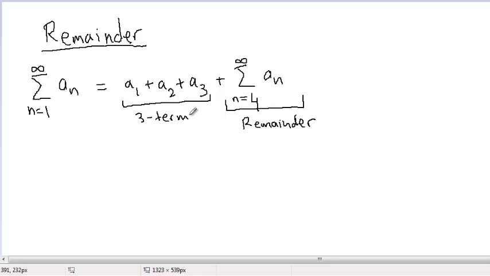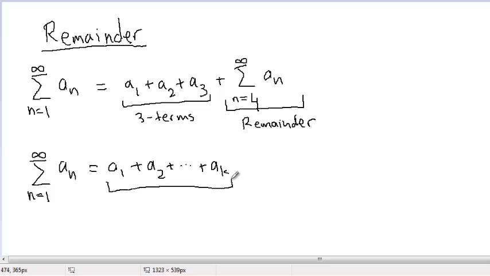And if I do this for an arbitrary number of terms, not just 3, let's say k terms, this is how it looks. Summation from 1 to infinity, a sub n. Let's separate the first k terms, then I have a1 plus a2 up to a sub k, right?